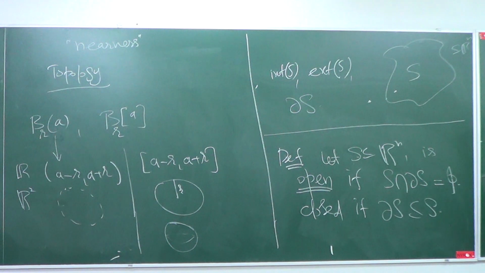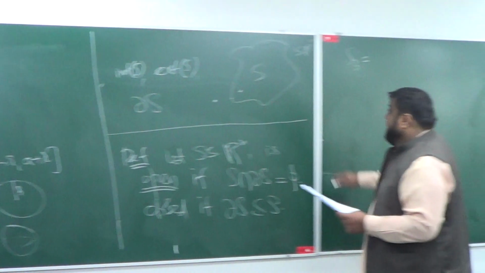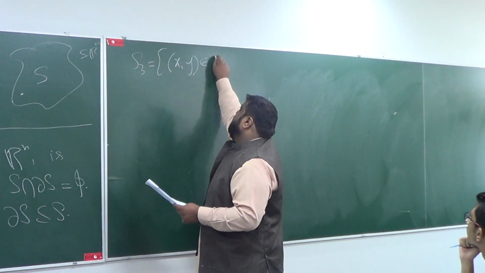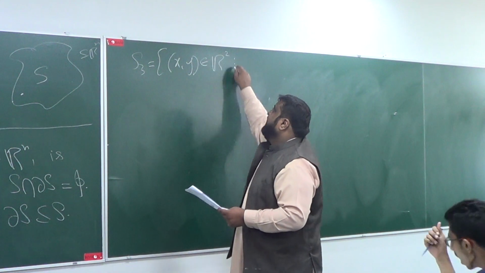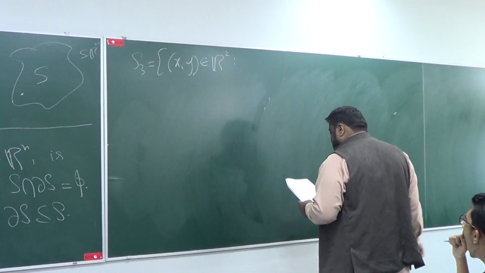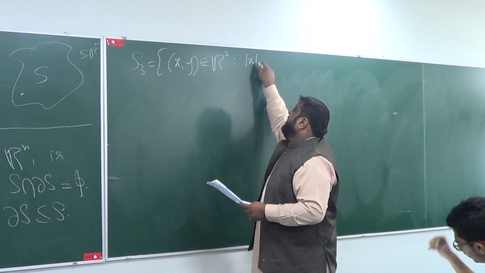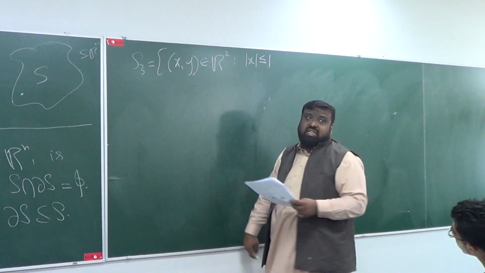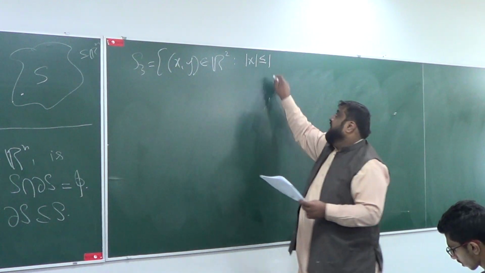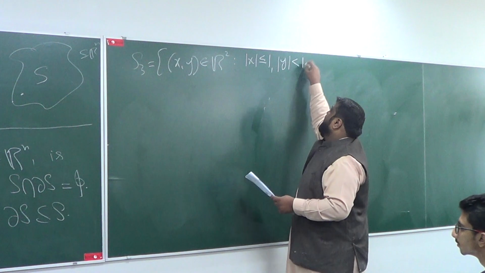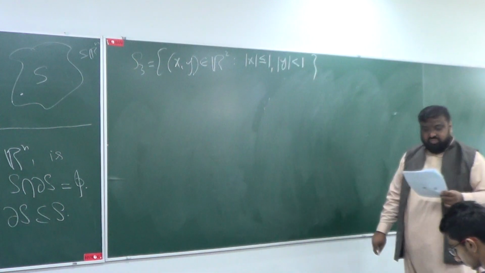So consider an example. Consider a set in R2. It's a collection of points. And what's a good thing about those points? With regard to x, it satisfies the inequality x less than or equal to 1, and with y, it satisfies the inequality that y is strictly less than 1.